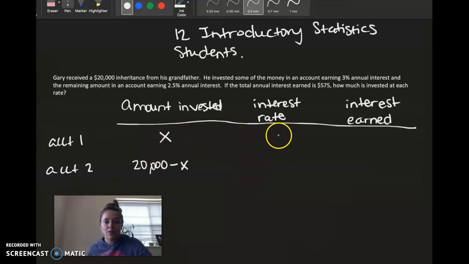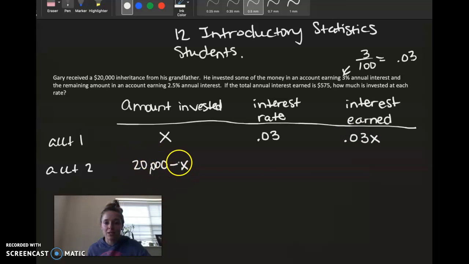Now, in the first account, I know that the interest rate is 3%. So remember, we have to rewrite this as a decimal. So 3 divided by 100 means you just take the decimal and move it to the left 2 times, so 0.03. The interest rate is 0.03. So that means the amount of interest that I'll earn for that first account is going to be 0.03 times x.